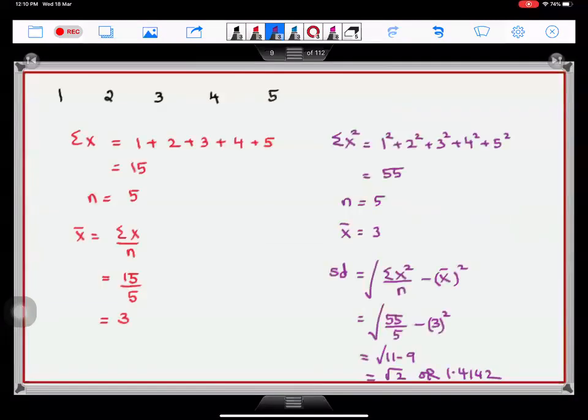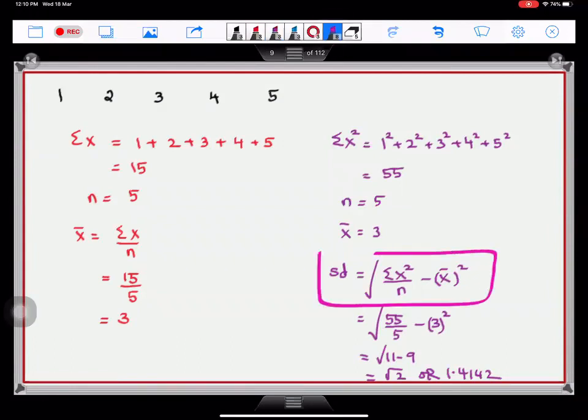That's how it is to be done. Sigma x over n gives us the mean. Sigma x square over n minus x bar square, the whole thing under root, is the standard deviation. We know that variance is the square of standard deviation, or standard deviation is the square root of variance.